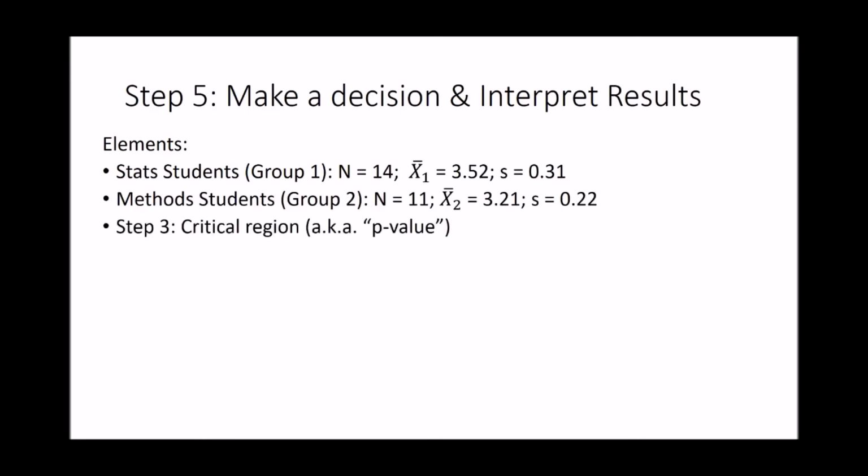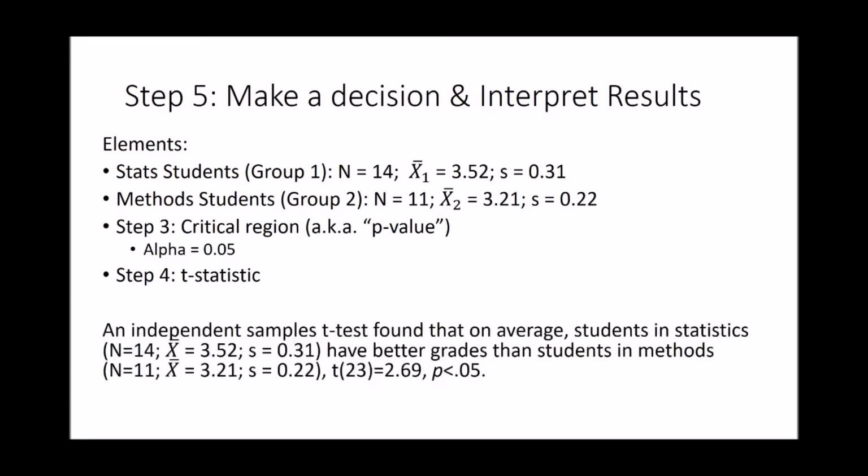We also want to record our critical region. We also call this the p-value, so you'll see this in my statement here in a second, and it'll say p is less than 0.05, and this is referring to our alpha level. And we also want to report our test statistic, or our t-statistic.